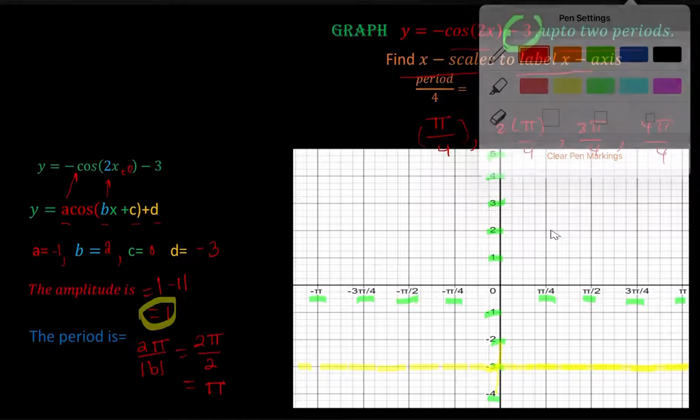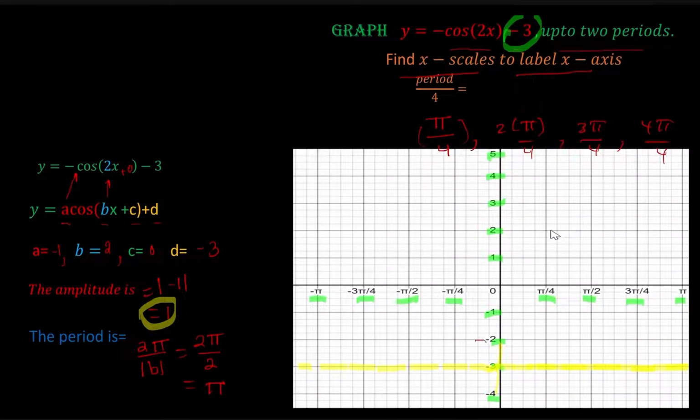So I'm going to go 1 unit up, and I'm going to be right here, and then 1 unit down. So do your best. Okay, good. So we got the midline. Remember that your midline is y equal -3. That's the equation. And we're going to go 1 unit up because that's what the definition of the absolute value is. Once you go 1 unit up, you could go 1 unit down too. Okay, we're done with that.